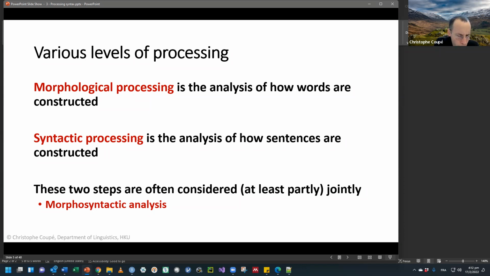And quite often, you consider that these two steps are related. So you should consider them at least in part at the same time. So that's why you will hear people talk of morpho-syntactic analysis. So it's both morphological and syntactic analysis. They kind of go hand in hand. We are not going to pay too much attention to morphological processing, but still I want to emphasize this element.